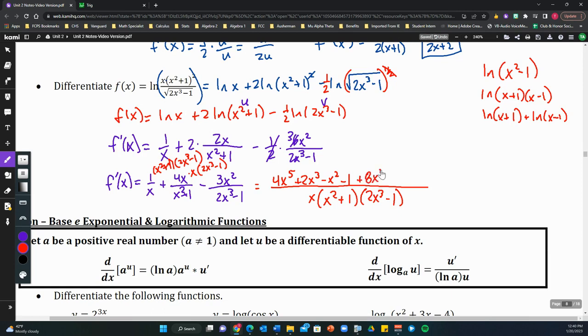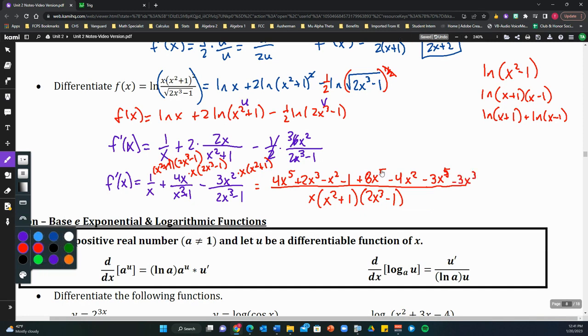So that becomes 8x to the fifth minus 4x squared. And then the last one, I need to multiply by x and x squared plus 1. So this is really 3x cubed that I'm distributing, or negative 3x cubed. So this becomes negative 3x to the fifth, and then minus 3x cubed.